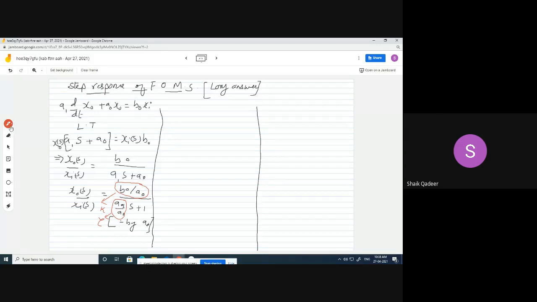Please note this down, write with me. Accordingly, I am rewriting this equation: X0(s) divided by Xi(s) is equal to K divided by (tau s plus 1). Everybody write up to this.